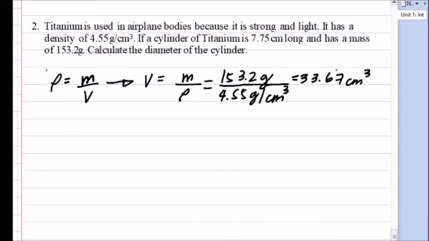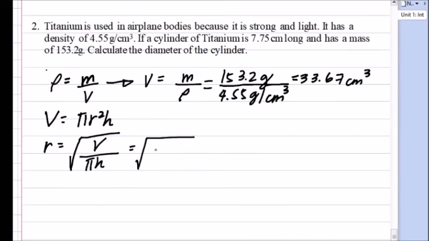cubic centimeter. At dahil ito ay isang cylinder, so gamitin natin yung formula ng volume ng cylinder, pi r squared h. So, wherein, pag dinerive natin yung formula, we can have r, or the radius. Since dyan po manggagaling yung diameter, di ba? So, we can have square root of volume divided by pi h. So, still naka-centimeter pa rin tayo. So, we can have 33.67 cubic centimeter divided by pi times, ano yung height?